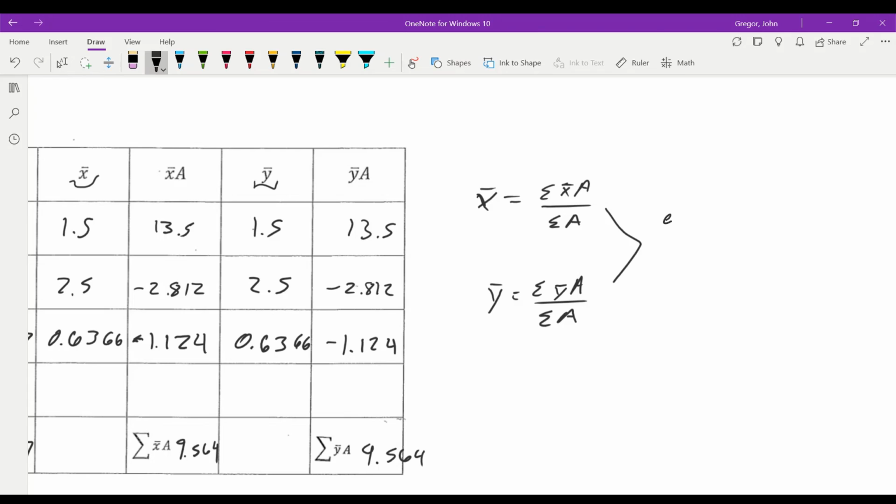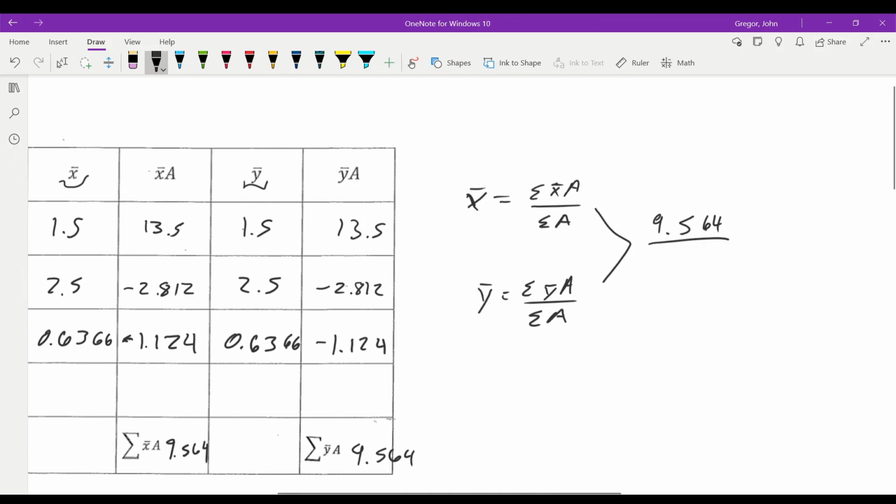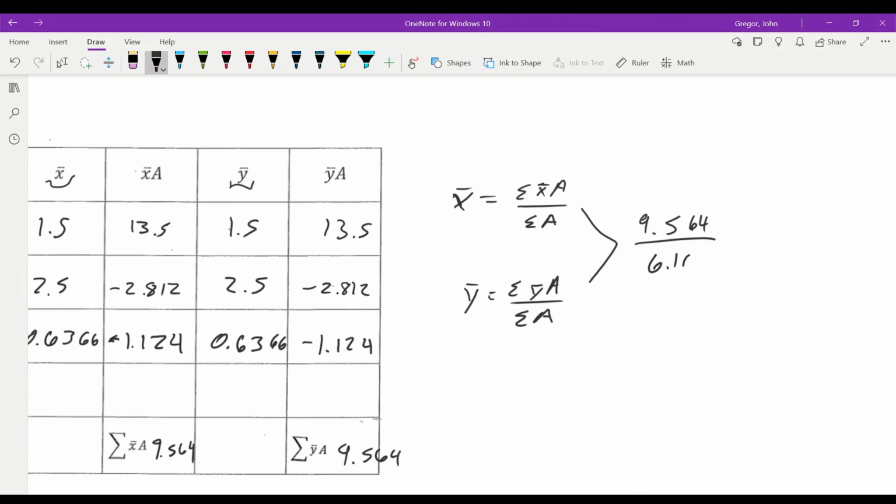It's going to be 9.564 divided by 6.107, which equates to 1.566. That gives me my x bar equal to my y bar, which is equal to 1.566 inches. And that is my answer for this problem.